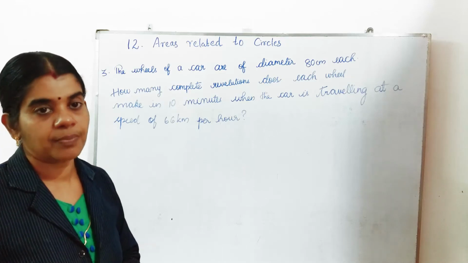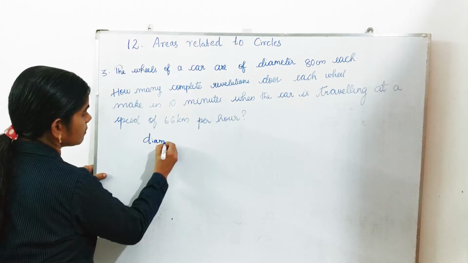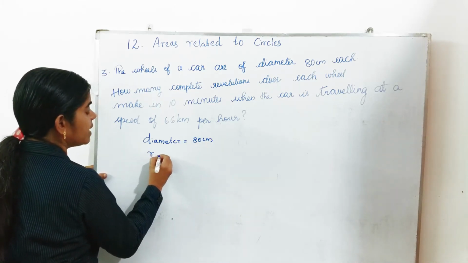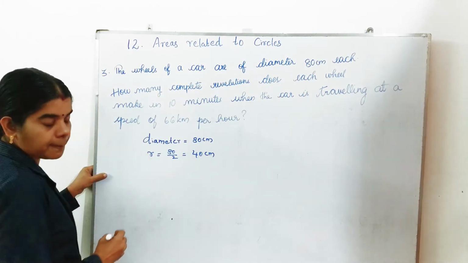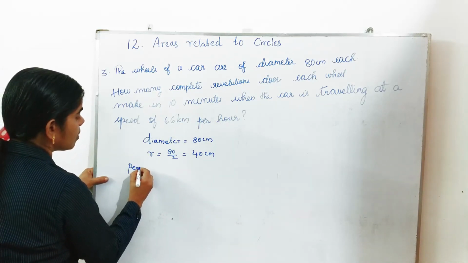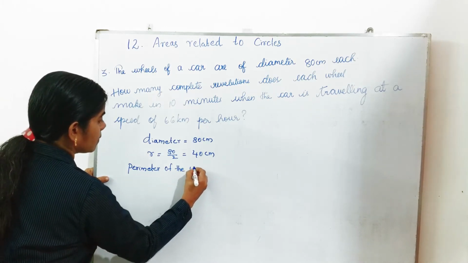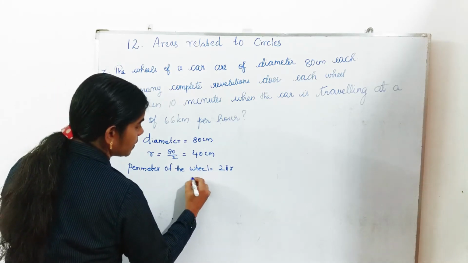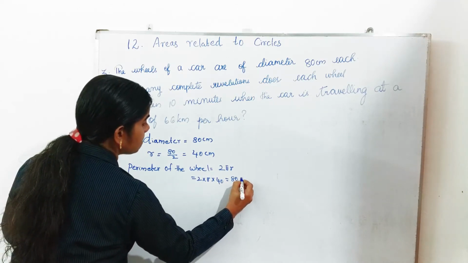in one revolution. So first we can find out diameter is equal to 80 centimeter. So radius is equal to 80 by 2, that is equal to 40 centimeter. Then we can find out the perimeter of the wheel. Perimeter of the wheel is equal to 2 pi r, that is equal to 2 into pi into 40, that is equal to 80 pi.